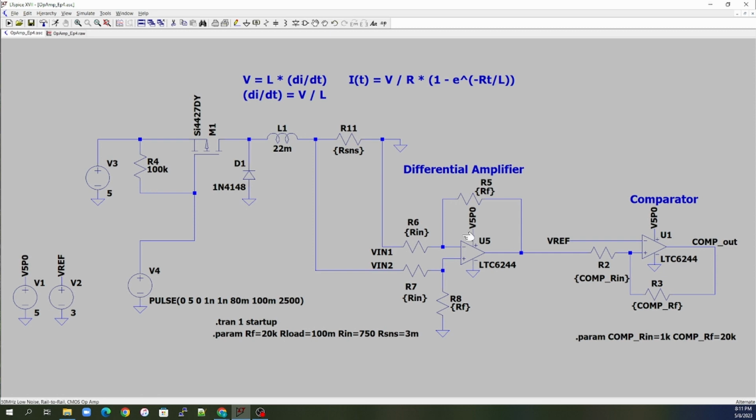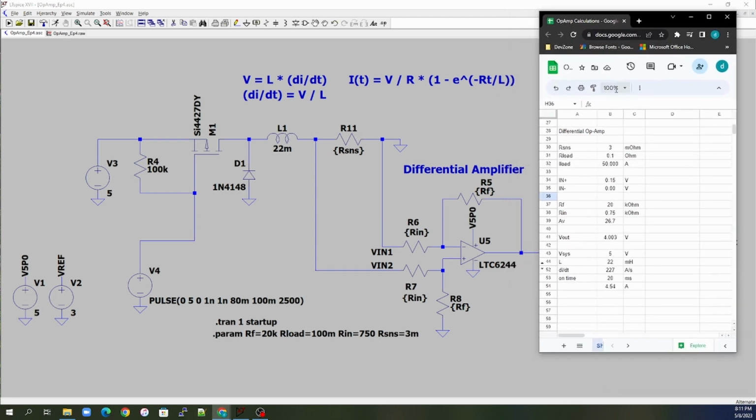Now, when we look at the formula here for our current, just to run some numbers, again, just to check our work and see how accurate the simulations are and how our spreadsheet is. So our V system, our system voltage, is 5 volts. Our inductor is 22 millihenries.